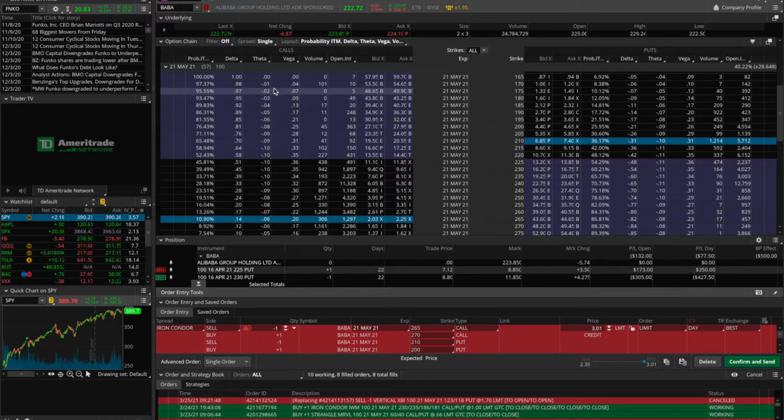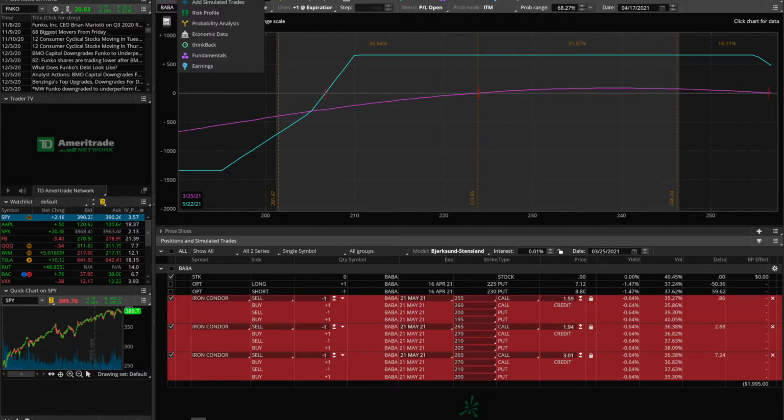The bullish delta you see on the Analyze tab here, the 7.24 for example, will slowly decrease as Alibaba rises in price. And actually, if Alibaba gets too close to my calls, then this delta can actually flip and go negative, which would then make this iron condor actually bearish.